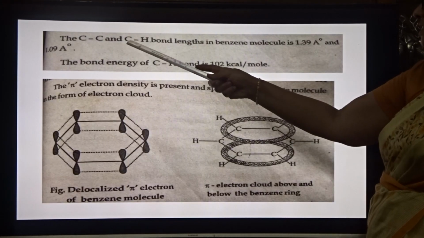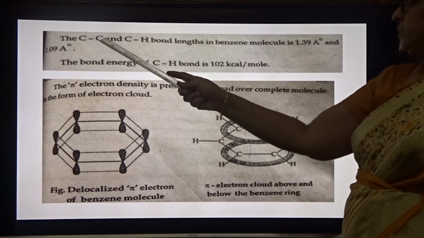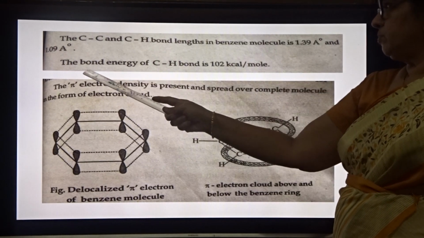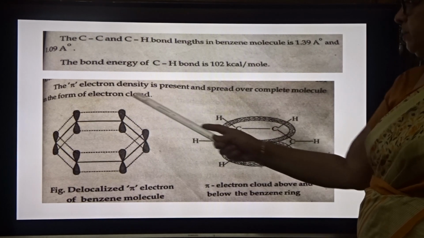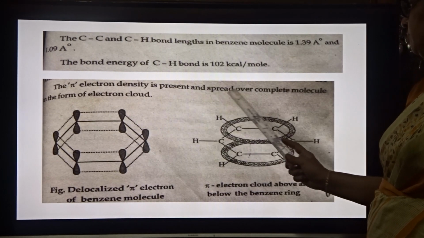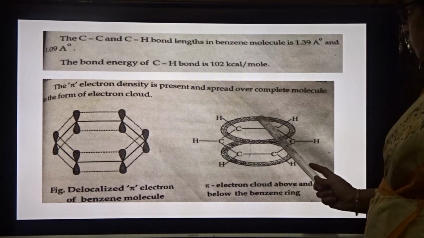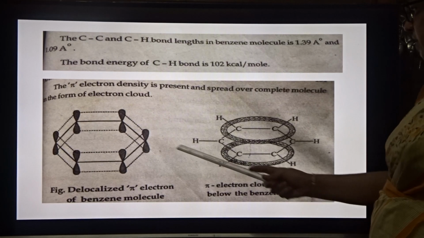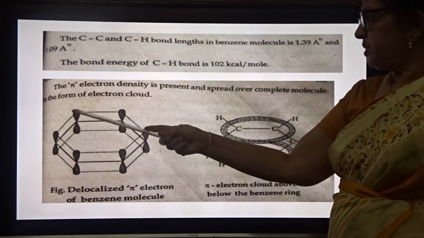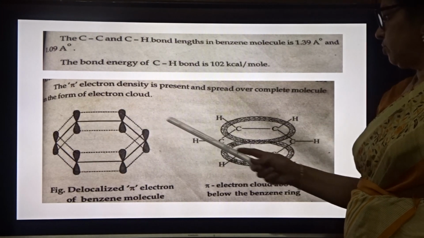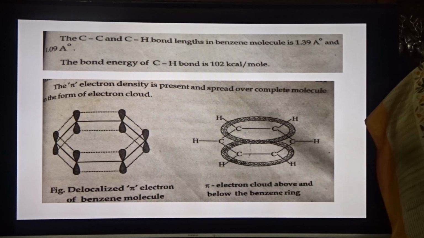The C-C bond length in the benzene molecule is 1.39 angstrom and the C-H bond length is 1.09 angstrom. The bond energy of the C-H bond is 102 kilocalories per mole. The pi electron density is spread over the complete molecule in the form of an electron cloud, above and below the plane. This is the delocalized pi electron cloud of the benzene molecule, formed by the overlap of unhybridized pz orbitals above and below the plane of the benzene ring.